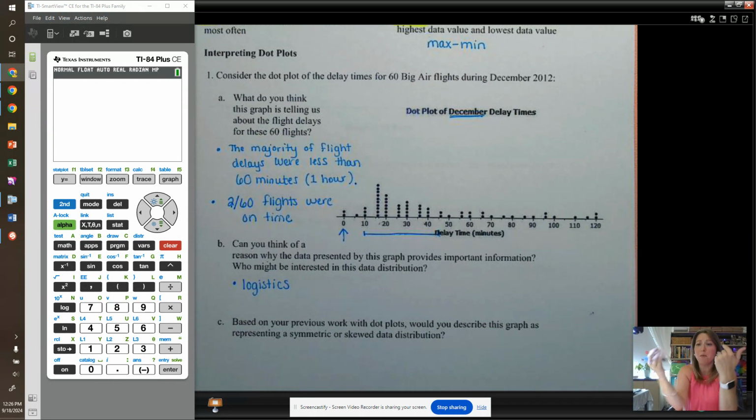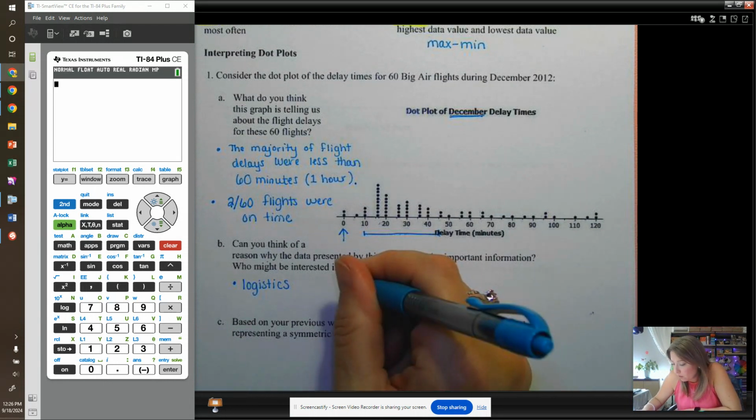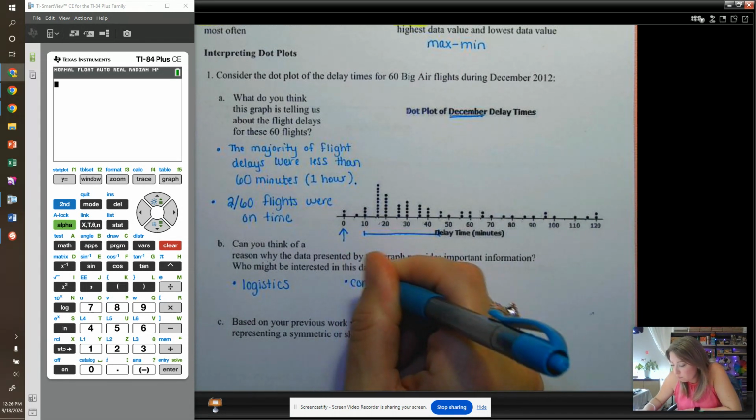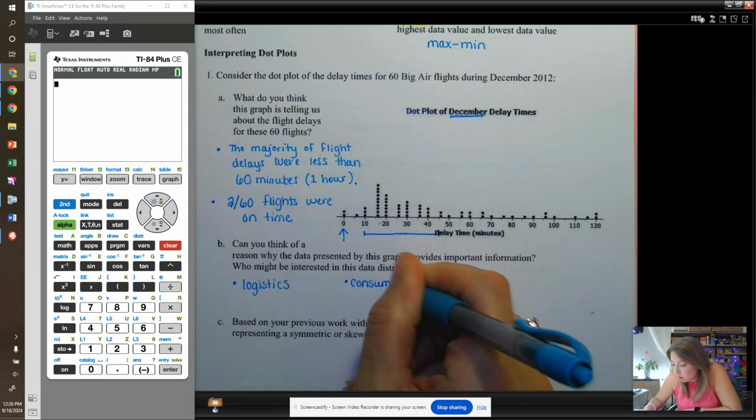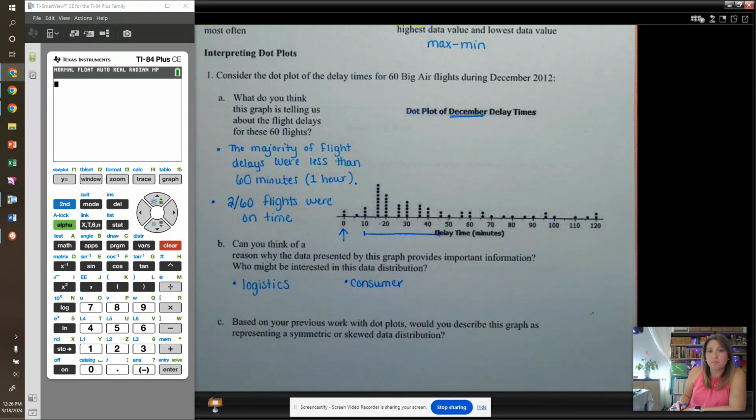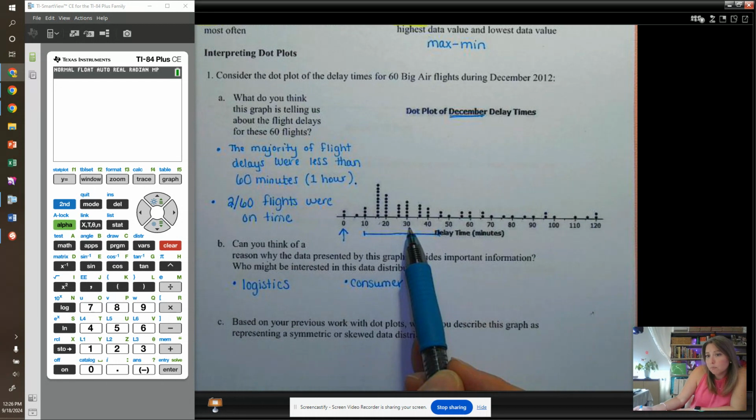So who cares about this? Me, the consumer, right? So the consumer might care about your track record. If you're delivering what you say you're delivering, a flight that leaves at 8 p.m. No, it actually leaves at 8:30 p.m., right?